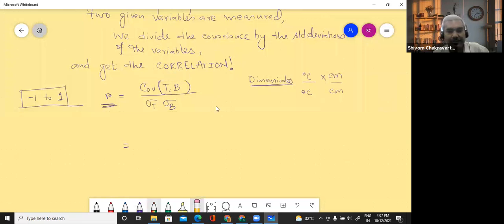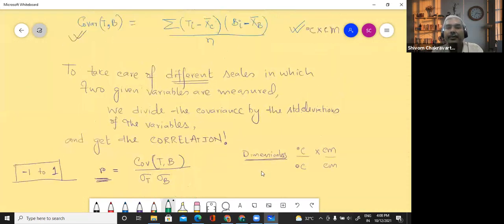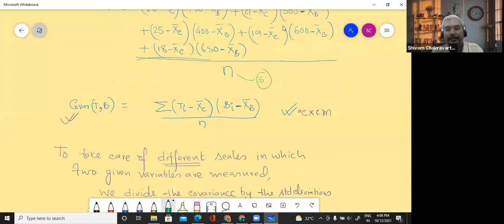Okay, let's do both, keeping t and p. So this covariance will be the summation of di minus mean of that, divided by the number of buses, di minus mean of that, x bar p.